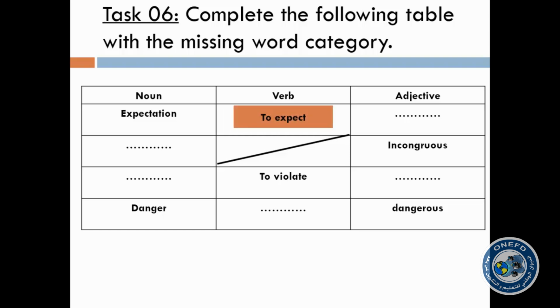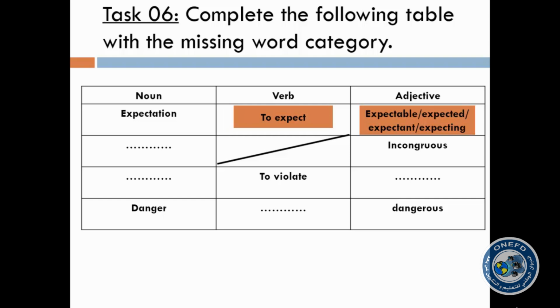So the verb of the noun expectation is to expect. We took away the suffix -ation and we had the verb to expect. The adjectives of the verb to expect are expectable, expected, expectant and expecting.